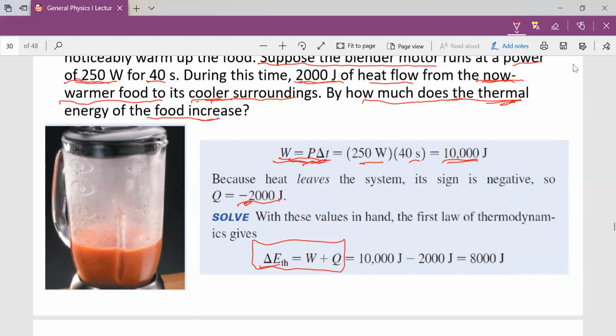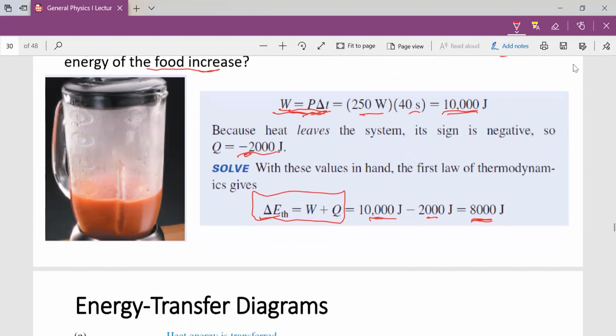And that is why we said, consider a system whose thermal energy is changing and every other thing is just the way they are. So putting that in, we'll have work and heat. That's work plus heat. Because this is negative, that is why this became minus. We'll have the thermal energy of 8,000 joules.